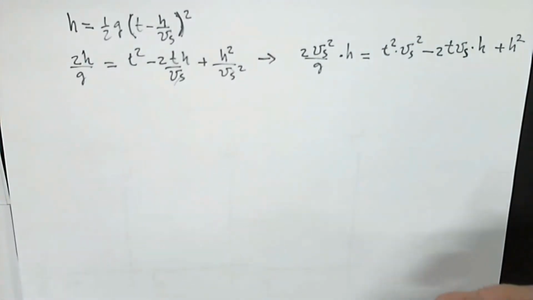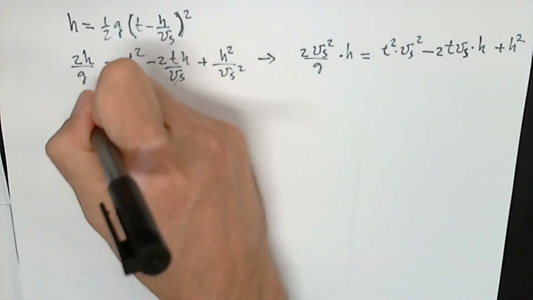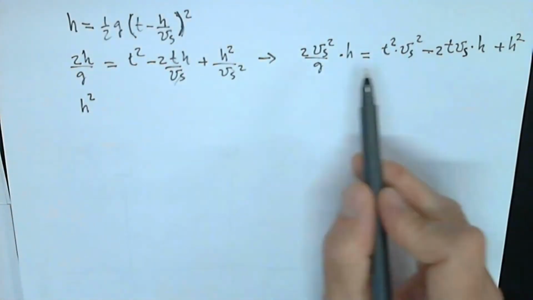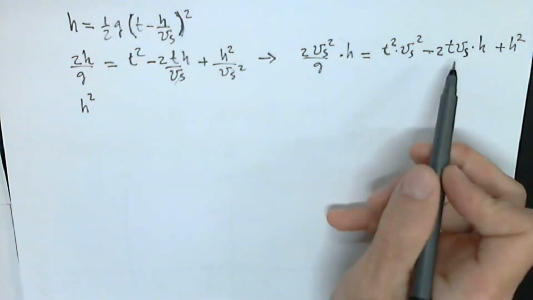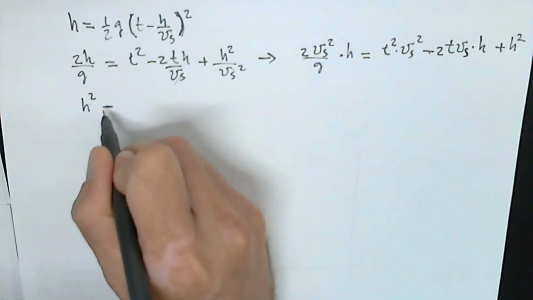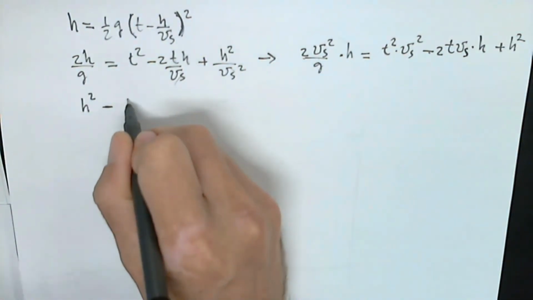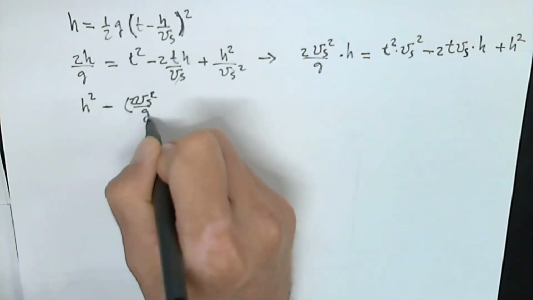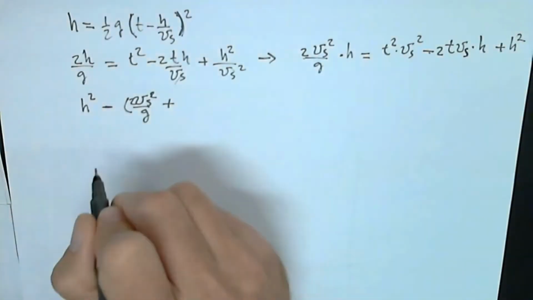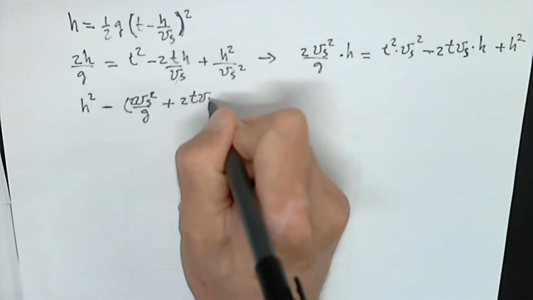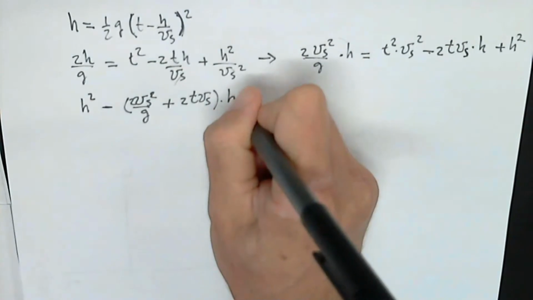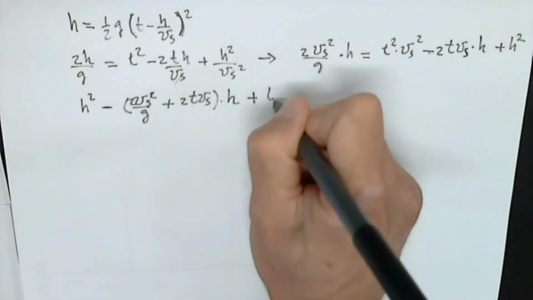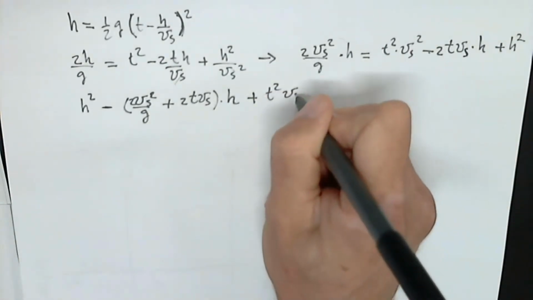Now I will move everything to one side, so I get h squared. This is negative, and this term, when it's moved to the other side, is also negative. So we take a common factor, and it is 2bs squared over g plus 2t bs, and this is h, plus t squared bs squared.